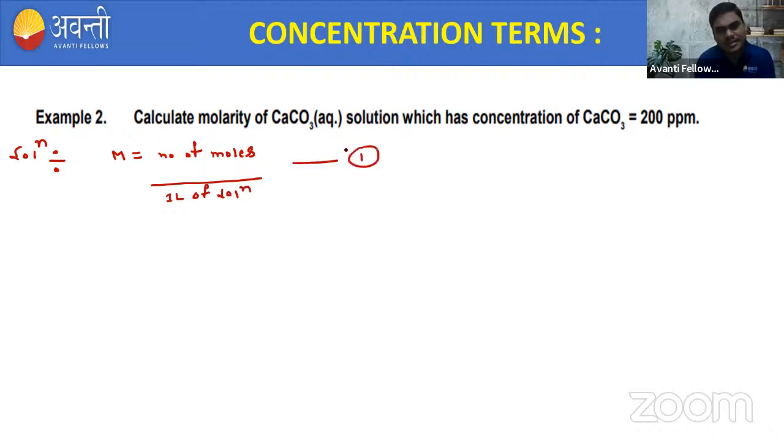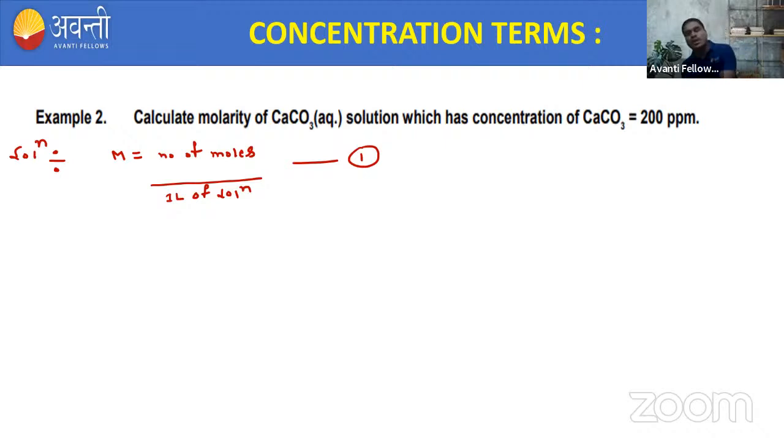If someone wants to calculate the molarity, they must know the number of moles and the 1 liter of solution. If you know these two values, then you are able to calculate the molarity. We can further express the number of moles as mass of solute upon molecular mass, into 1000 upon volume. So this is the formula of molarity, right?